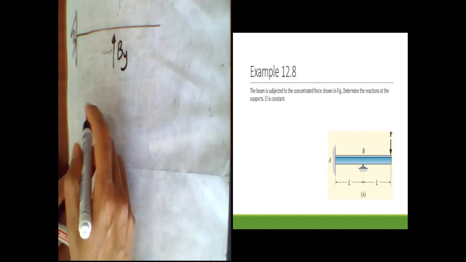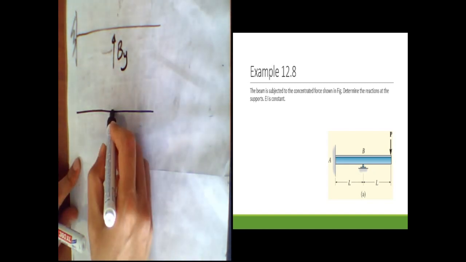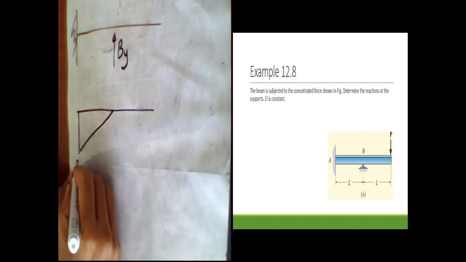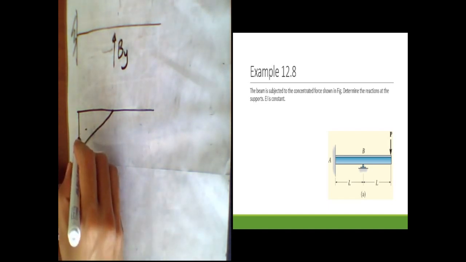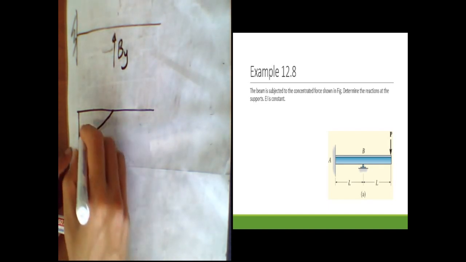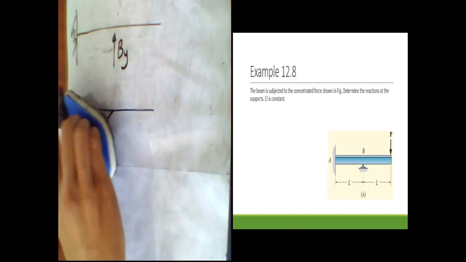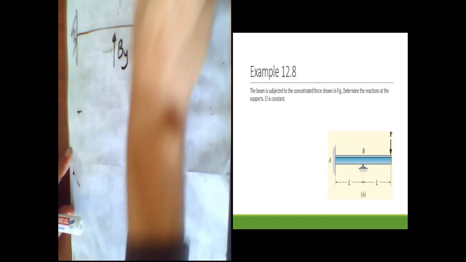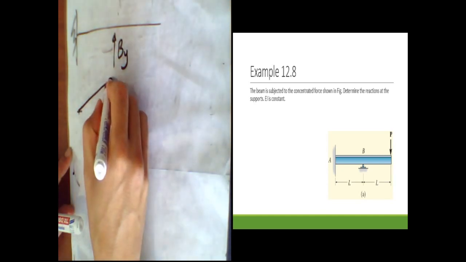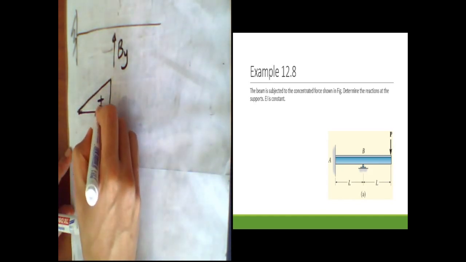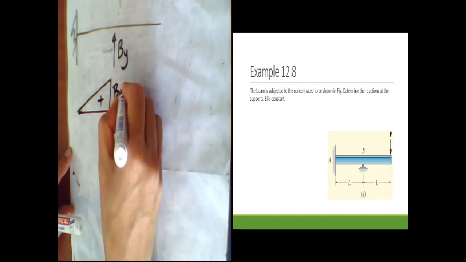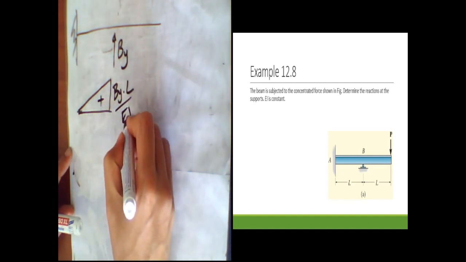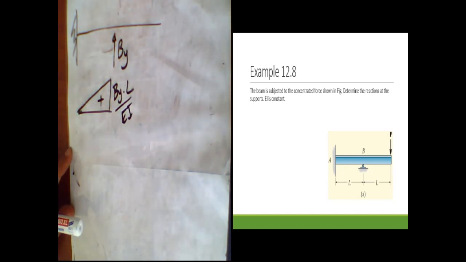So if I want to draw a moment diagram like this, this is equal to BY times L. This is the negative, therefore, oh sorry, this is the positive. Sorry, my moment diagram was wrong, and this is the positive. BY times L.